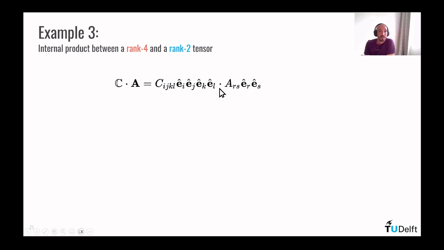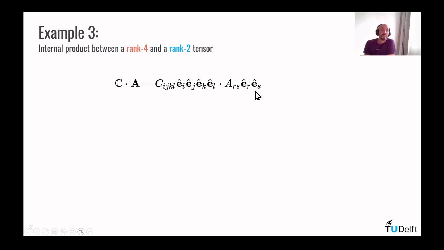Dot product, I cannot use the letters i, j, k, l anymore, so I just choose r and s. A is a rank 2 tensor, so there are 2 directions associated. So I have A sub rs in the direction e hat r, e hat s.